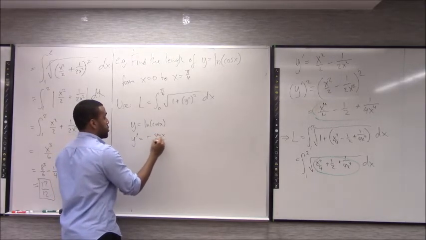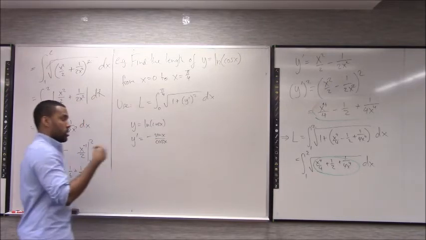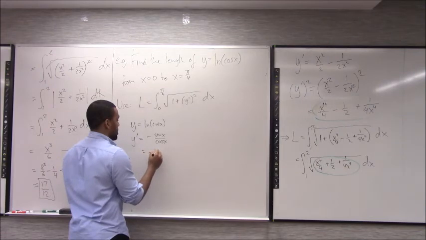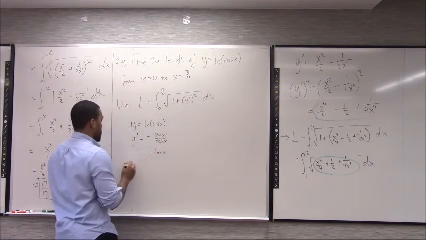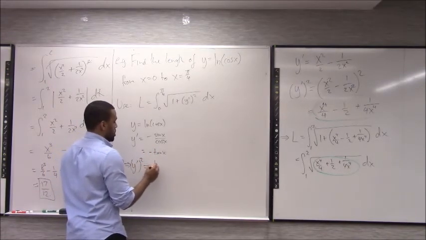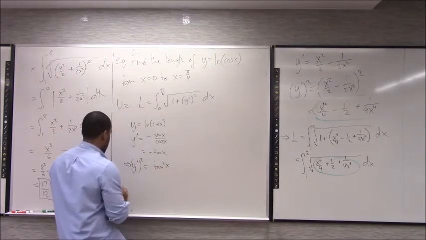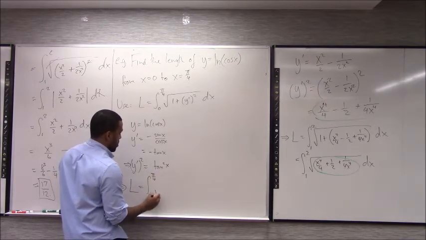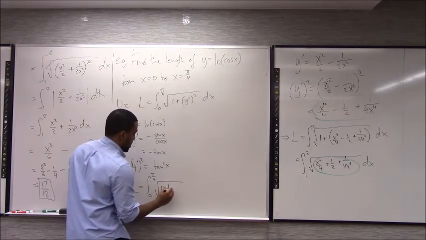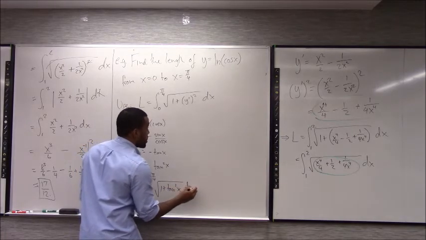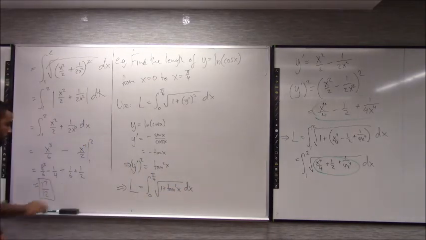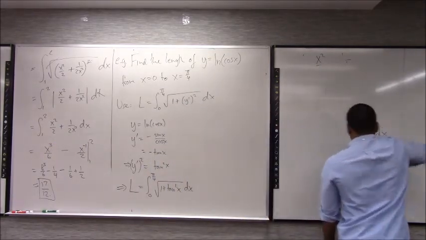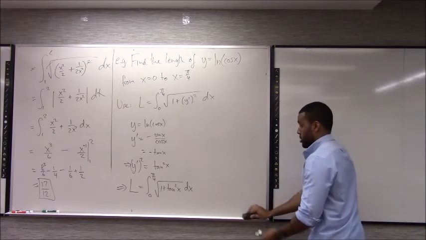Right, minus sine x over cosine x, the derivative of the thing over the thing itself, so this is negative tangent x, which means your y prime squared will be just tangent squared, so your length is going to be from 0 to pi over 4 of the square root of 1 plus tangent squared dx. How do you integrate that? Secant squared. Yeah, that does become secant squared.